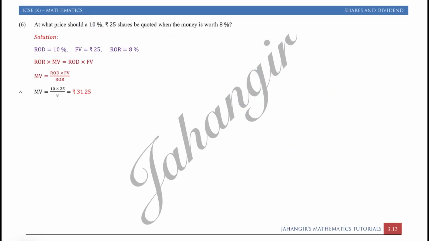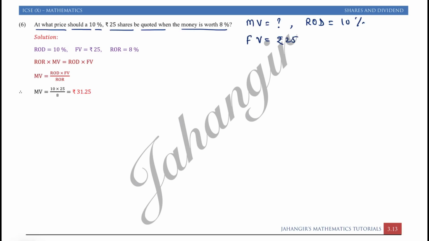Question 6. At what price should a 10% rupees 25 share be quoted when the money is worth 8%? So let us pick up the information. At what price, we have to find MB. What is the buying price? A 10% rupees 25 share: 10% is its rate of dividend, the dividend percentage, and its face value is rupees 25.